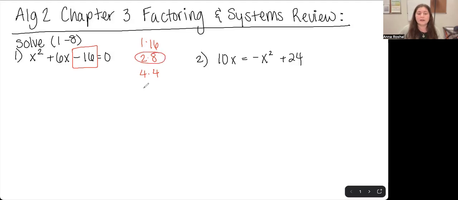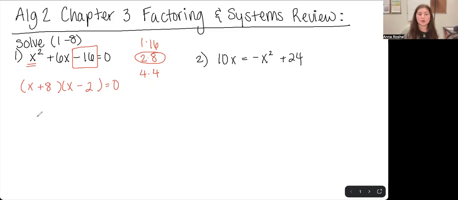So I know 2 and 8. So I'm going to factor by opening up two sets of parentheses. I know x times x is x squared. I know 2 times 8 is 16, and then 8 minus 2 is 6.